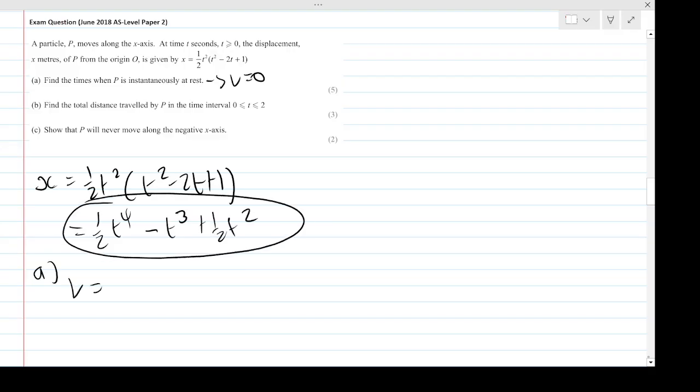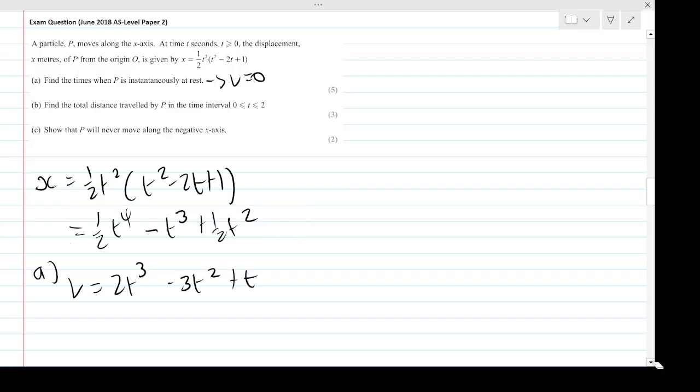So then v, if I differentiate, well, half t to the 4 will go to 2t cubed. Then minus t cubed will go to minus 3t squared. Then half t squared will go to just t. And there we are. So if we want to find the times when it's at rest, we're going to consider v equals 0.